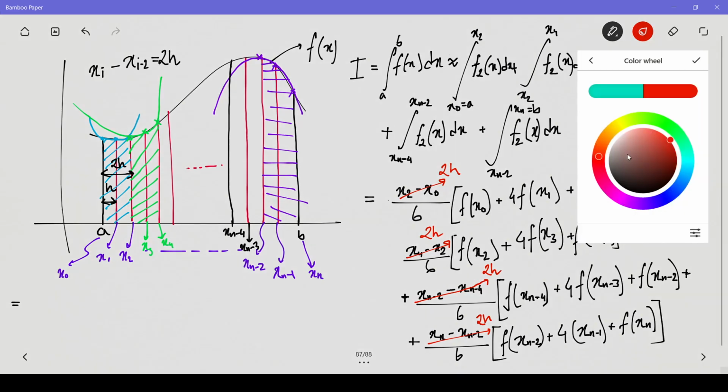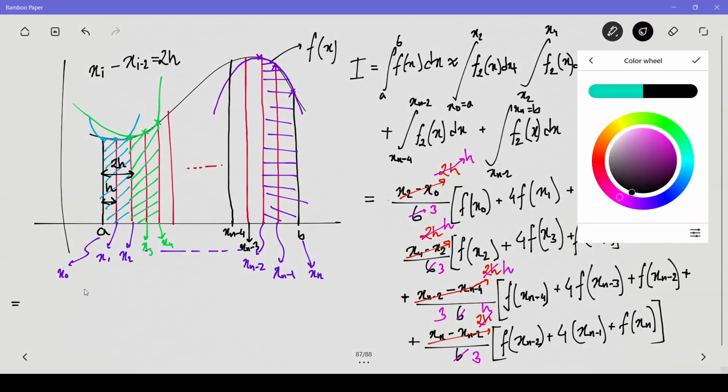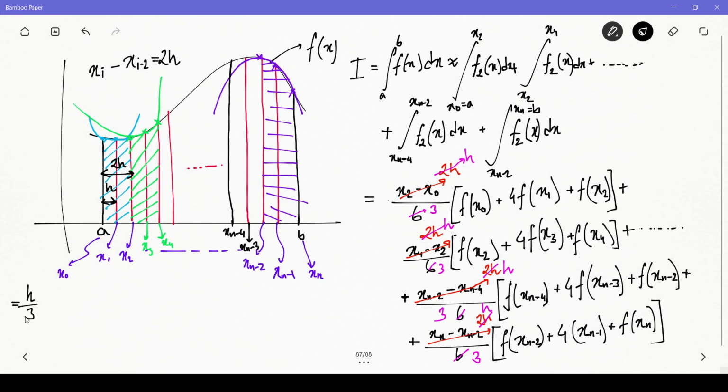So you can simplify it further and say this becomes h and this becomes 3, again this becomes h, this becomes 3, and so on. So if we factor out h by 3, or take h by 3 as common, we'll end up with h by 3 at the front of our compact formula, and whatever other algebraic manipulation we need to do, we'll do inside this third bracket over here. Now let's see what we have remaining.